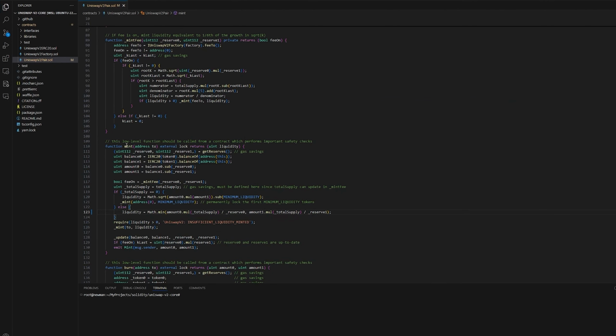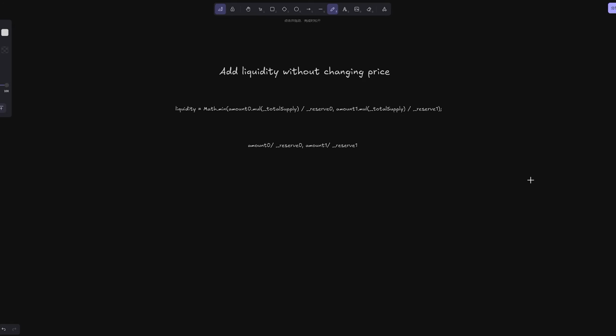Inside of the mint function of the Uniswap v2 pair contract, we can see this line of code. This is the code that handles the dirty work. We can see here the code is comparing this part and this part and taking the smaller one to calculate liquidity.